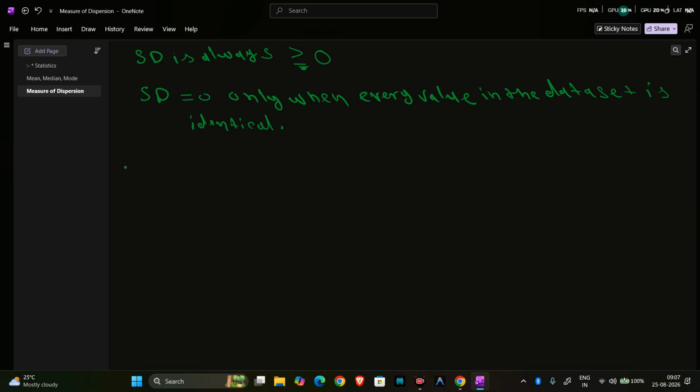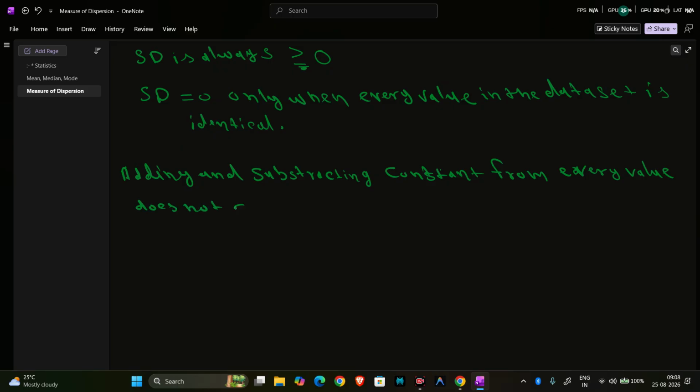Next, adding or subtracting a constant from every value does not change the standard deviation.